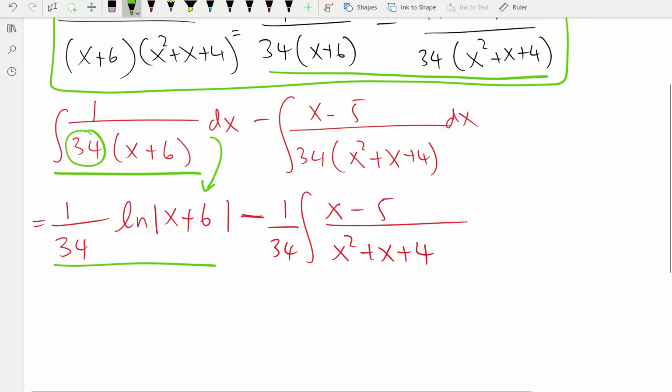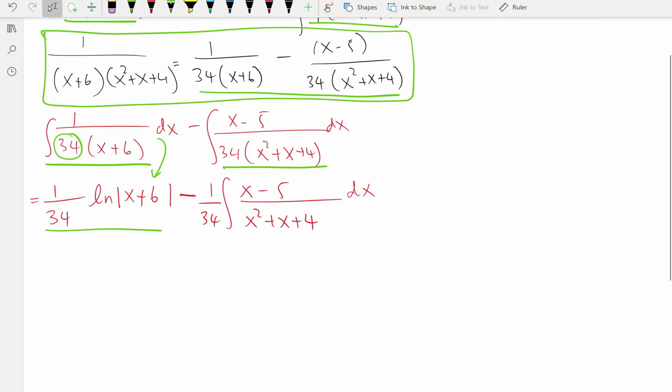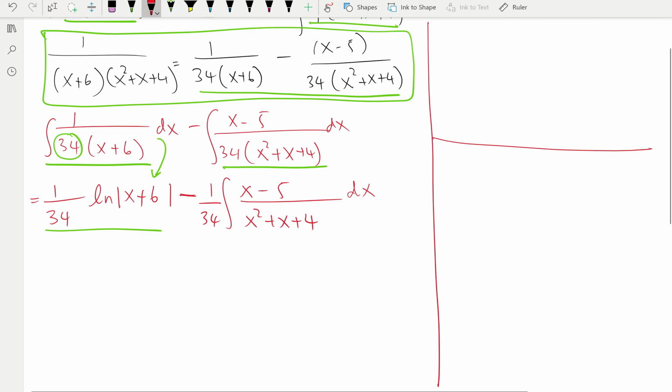Okay, all right, so the focus here is how to integrate (x minus 5) over 34 times (x square plus x plus 4). We saw similar kind of problems in the previous couple of videos. Here this is a little bit complicated. Now why is that? Let's compare the two cases.